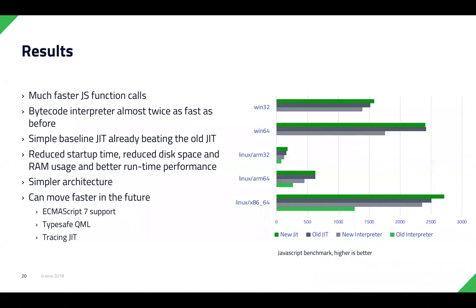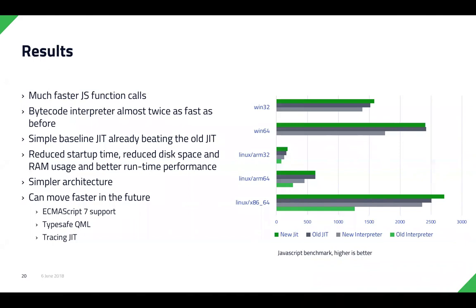On ARM, it's slightly less, but still an improvement that is very significant. And that's very important also because on some platforms like on iOS and on Windows, WinRT, we can't use the JIT because the platform doesn't allow us to do that. And a fast interpreter is thus very important to really get good performance out of these platforms.